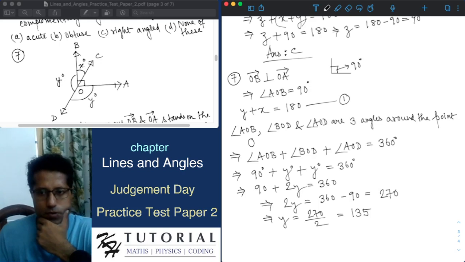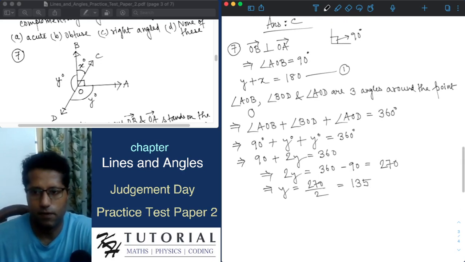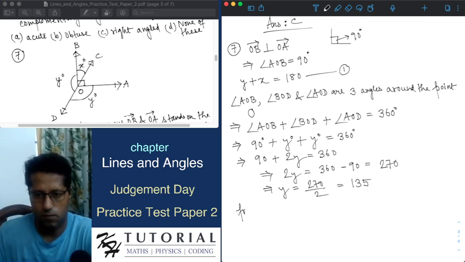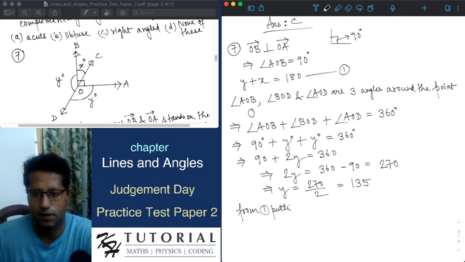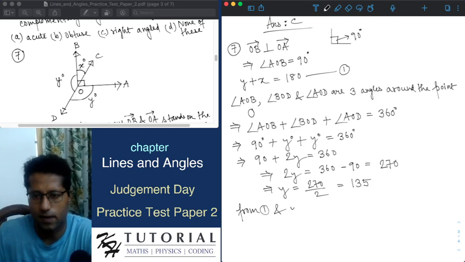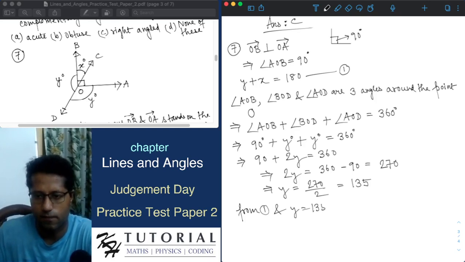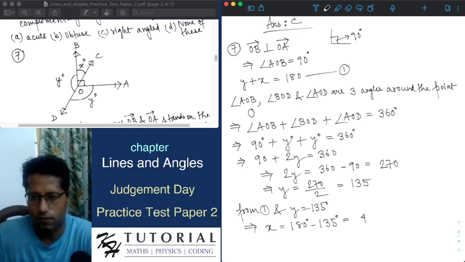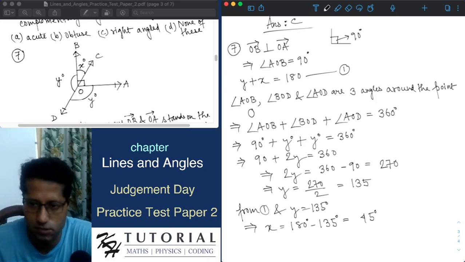Now from equation 1, x plus y equals 180 degree, and y equals 135 degree, this implies x equals 180 degree minus 135 degree, which is equal to 45 degree.